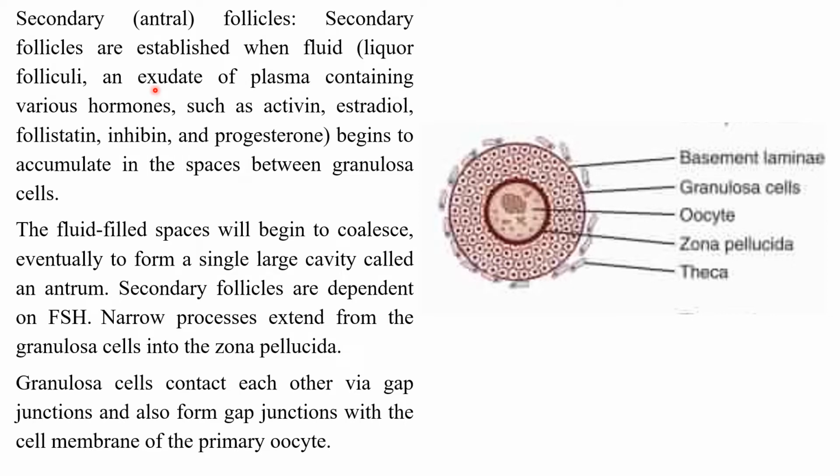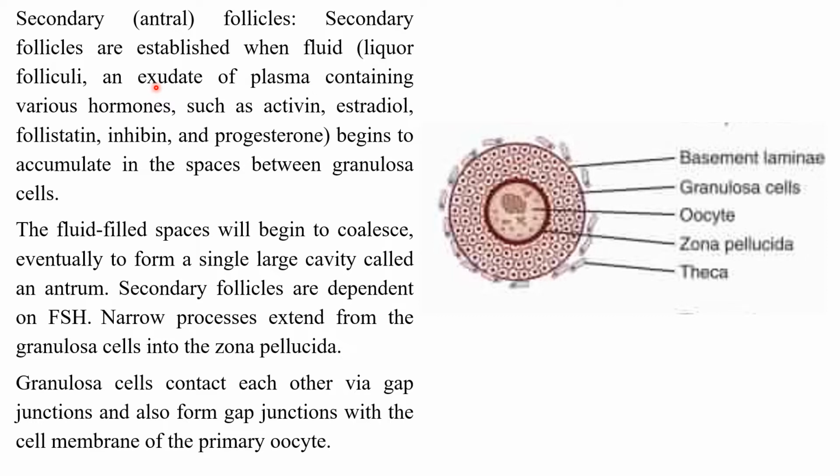The secondary follicles are the next stage in the development of the ovarian follicles. These follicles are also called antral follicles because a hollow space called the antrum, filled with fluid called liquor folliculi, gradually starts to develop.